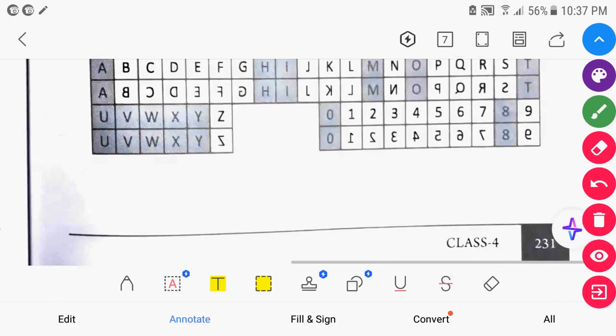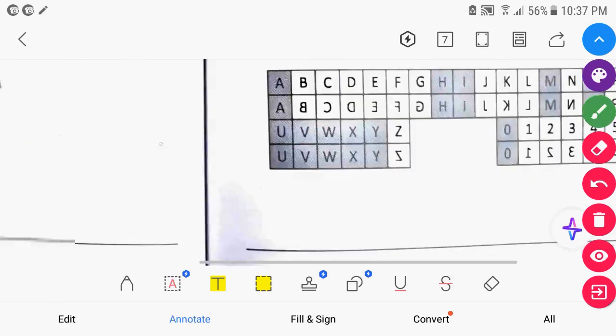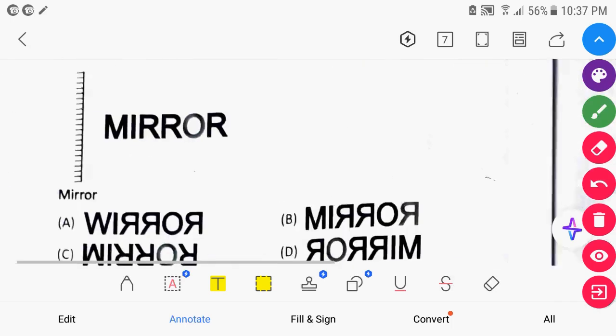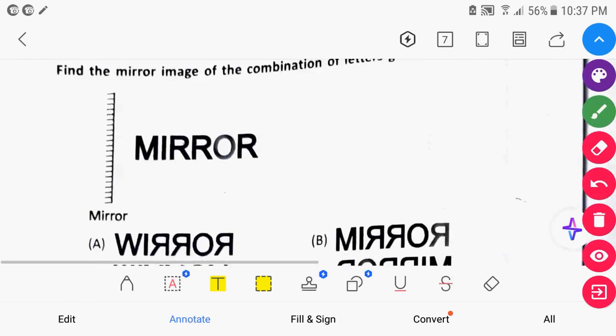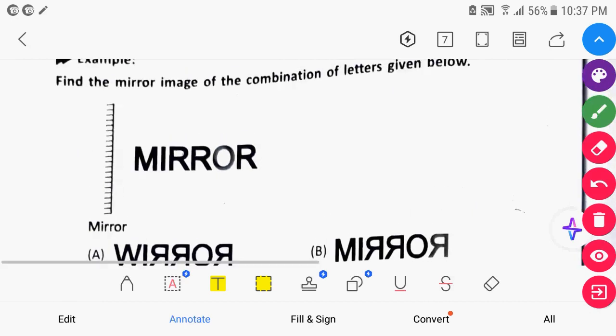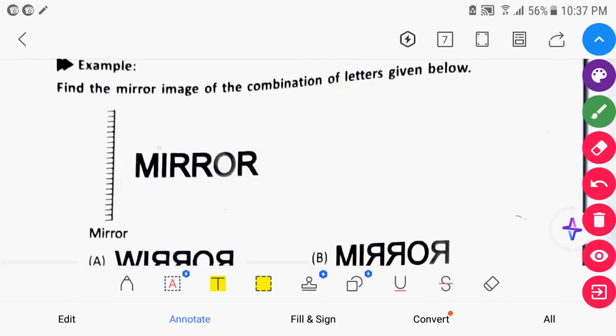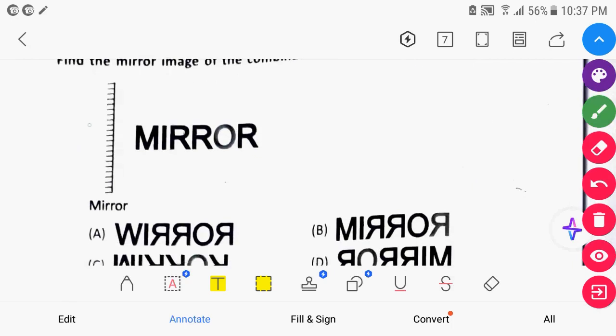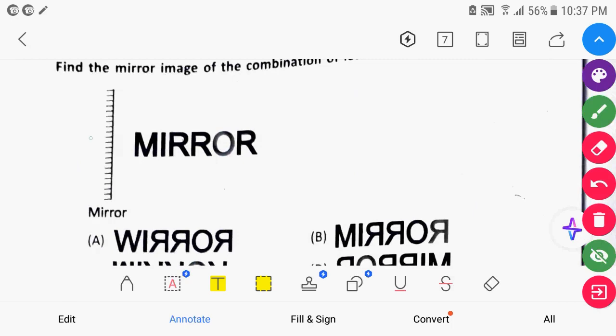Now mirror images we have to check and find out the mirror image of the given question. So see, the word mirror is written and we have to find the mirror image of it. Okay, so M will look like this only.